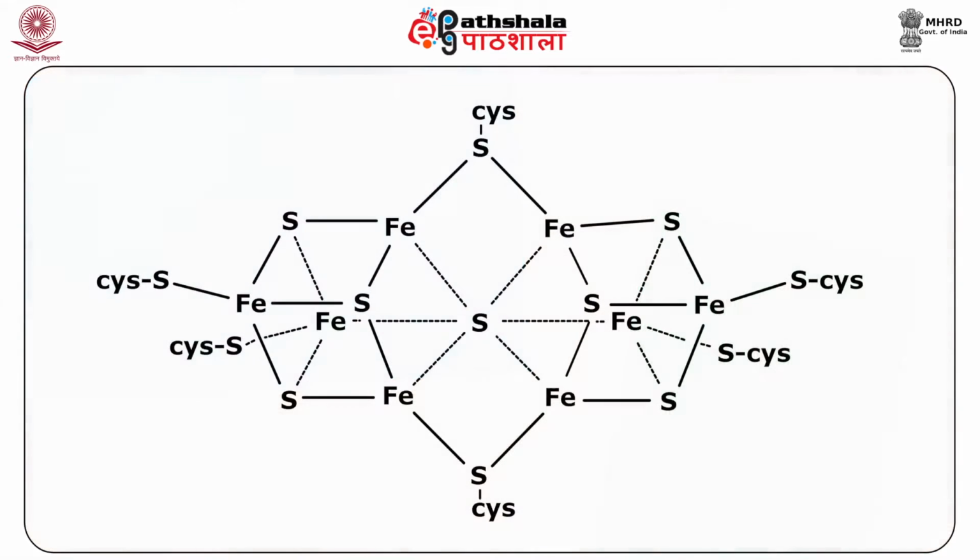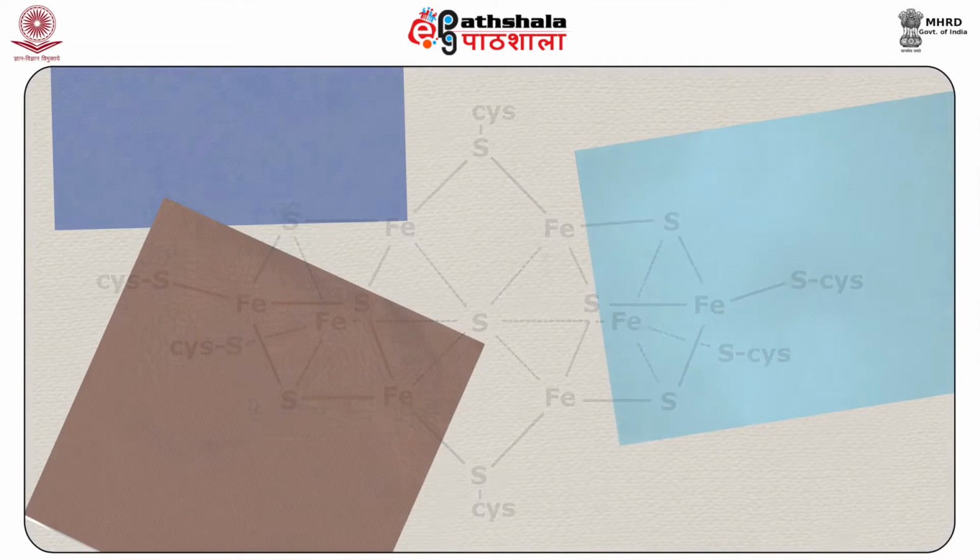The structural information on the metal clusters of iron-only nitrogenases by spectroscopic methods is still lacking. Nevertheless, there are genetic and biochemical indications that the iron-iron cofactor has a very similar structure to that of the molybdenum-iron cofactor and the iron-vanadium cofactor.